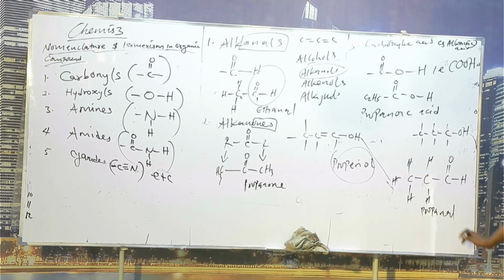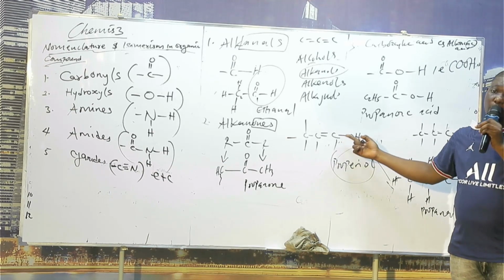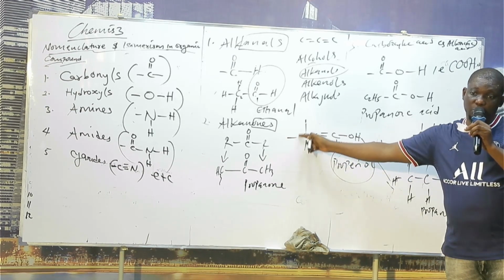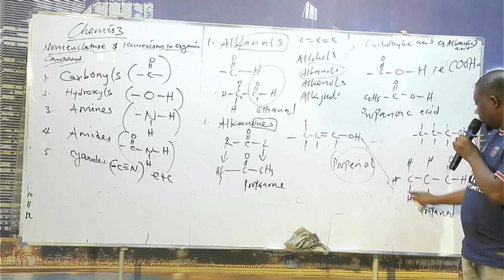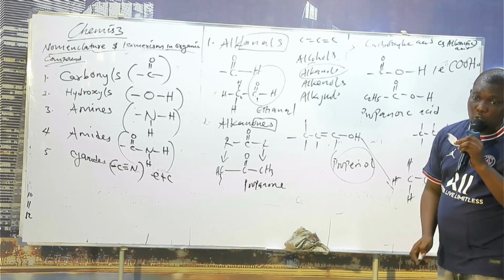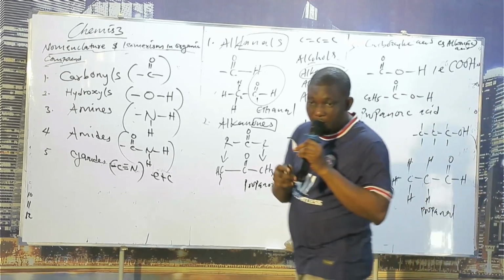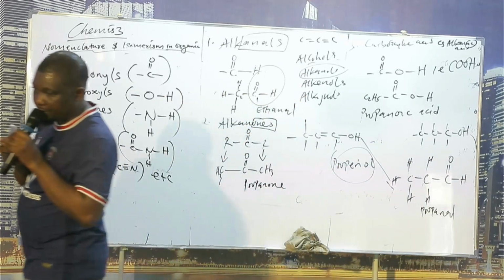You get what? Propanol. I mean now, this is unstable. It's an unstable organic compound. But it can rearrange to what? Propanol. Did you get it now? So propenol and propanol, they are isomers. Yes.